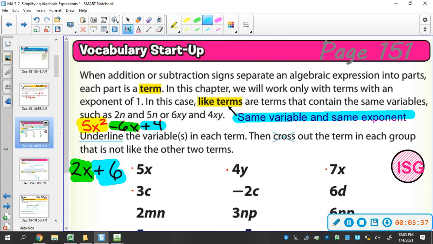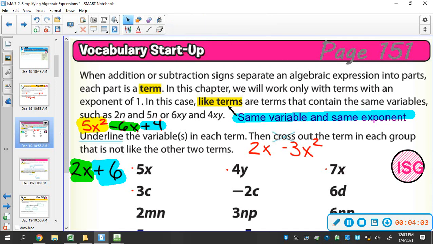When I talk like terms, I want you to be able to tell me that like terms have the same variable with the same exponent. If you have 2x and negative 3x squared, even though they have the same variable x, they don't have the same exponent. So those are not like terms.